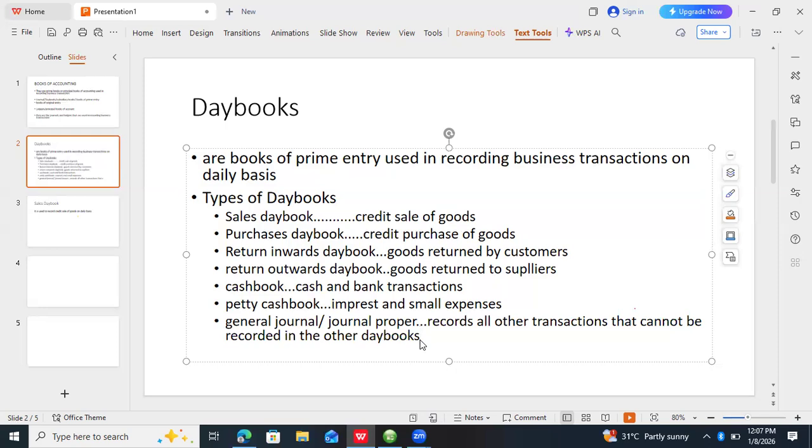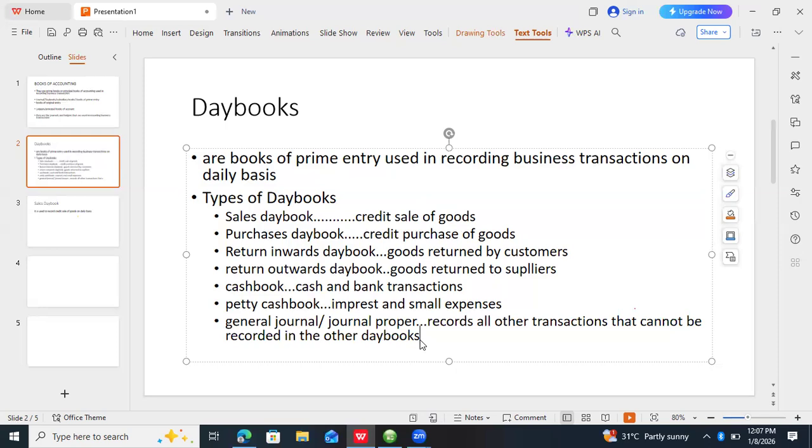You have to go and at least list some 10 transactions. Oh no, let me reduce it to 5 transactions that would go into the general journal. Okay, but I'll give the assignment. I'll put it clearer probably at the end of the class.